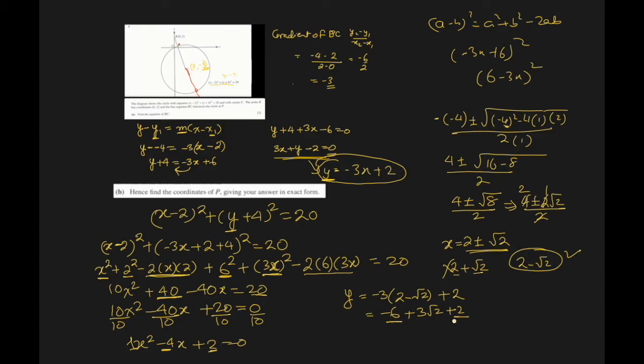So negative 6 plus 2 is negative 4. So we get 3 square root 2 minus 4 is the y coordinate. So we got the coordinates of P now. Finally 2 minus square root 2 was the x coordinate, and 3 square root 2 minus 4 is the y coordinate. This is our answer.